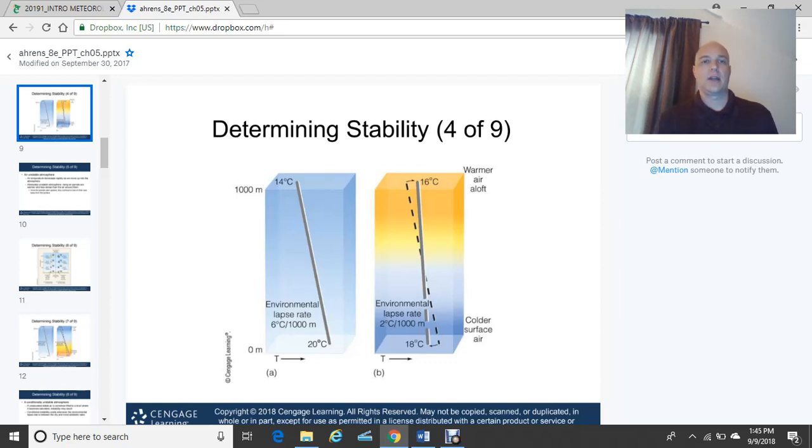So if you notice here, we're really showing you some differences in the changes in environmental lapse rates. So if on the left I have a 6 degrees Celsius per 1,000 meter change in temperature, and on the right I have a 2 degrees Celsius per 1,000 meter rise or change in elevation, this is going to be an indicator whether you have a stable or unstable atmosphere. Okay?